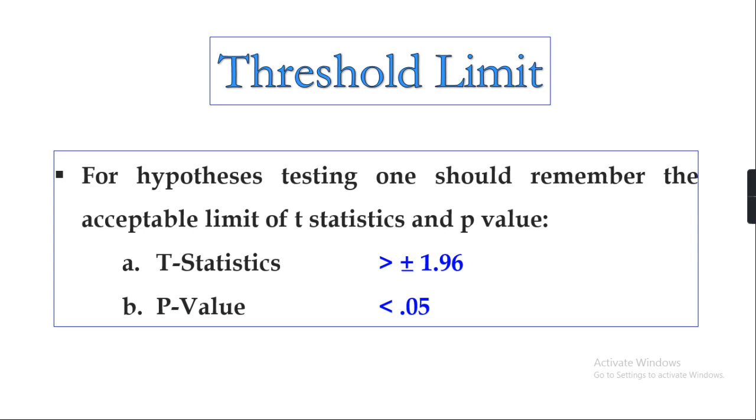If the T value and P value of the hypothesis are within the threshold limit, then we are able to accept our hypothesis. Otherwise, if the value does not fall within the acceptable limit, we reject our hypothesis.